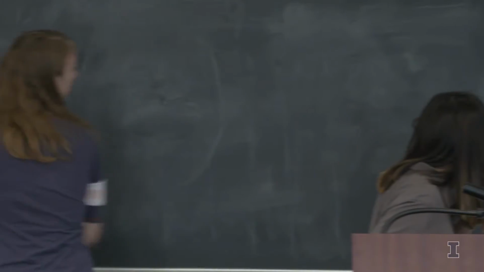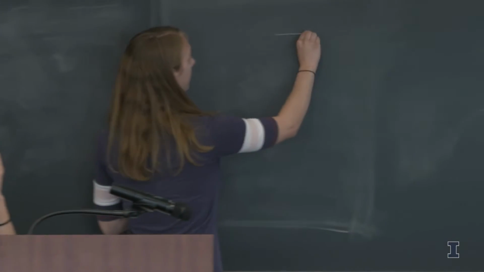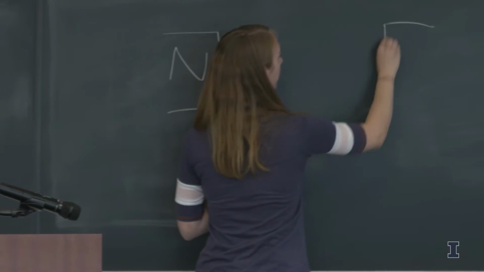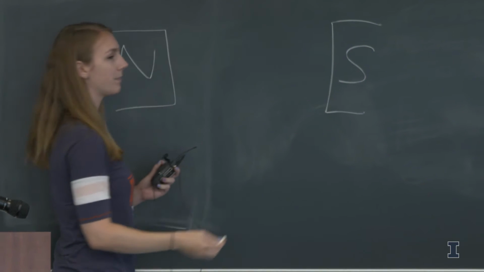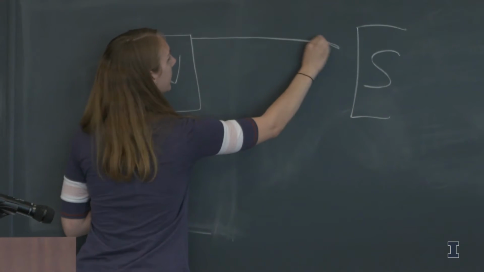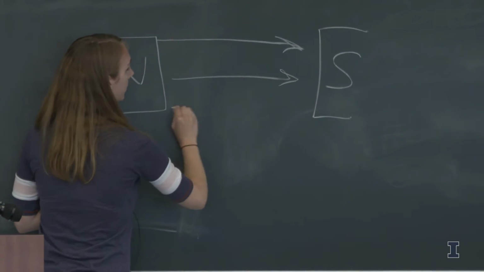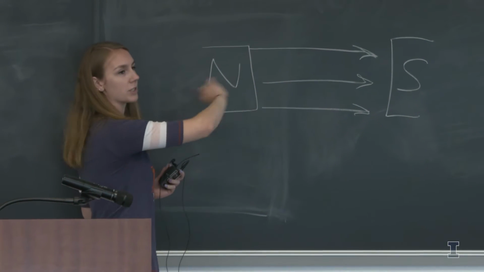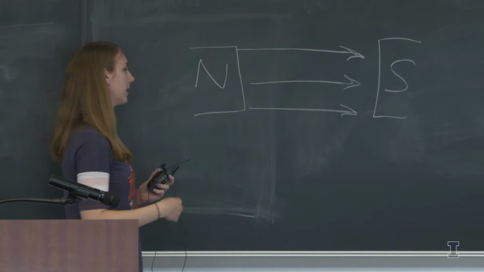So I'm just going to draw it out. If you have magnets here, you have the north side of the magnet and the south pole of the magnet, and you're going to get magnetic fields that go from north to south. These are stationary magnetic fields.